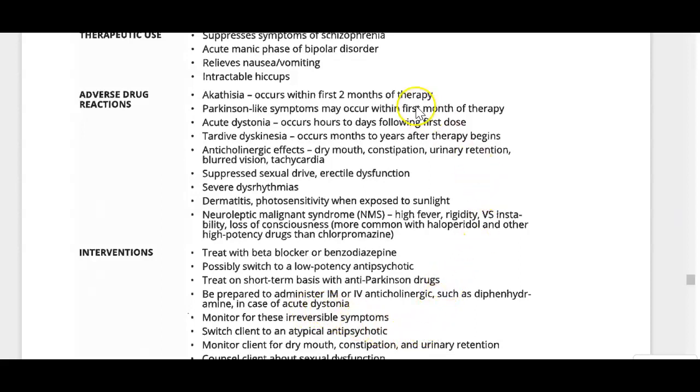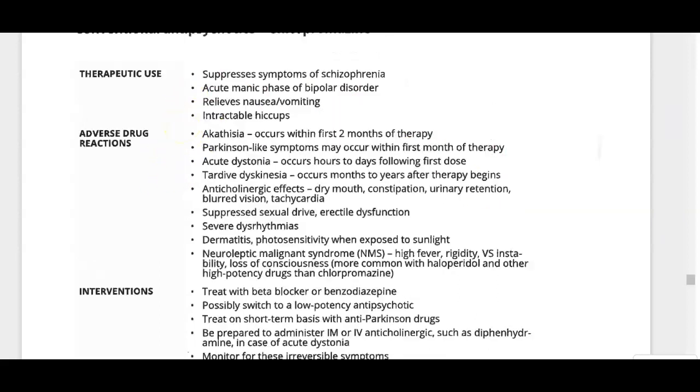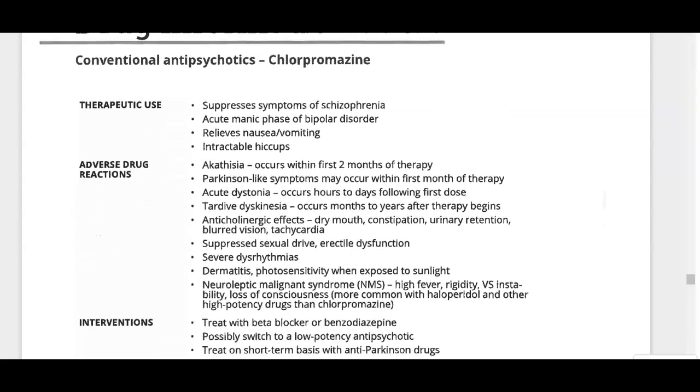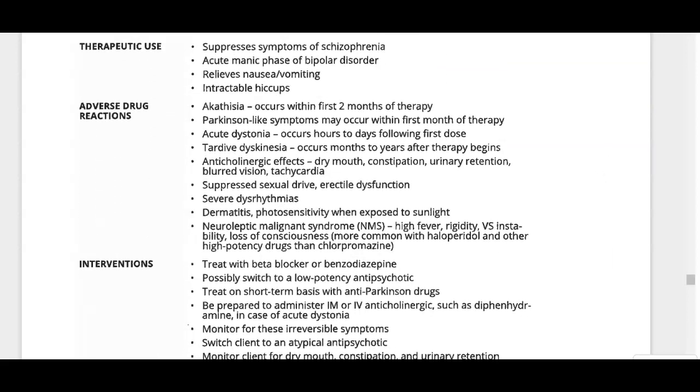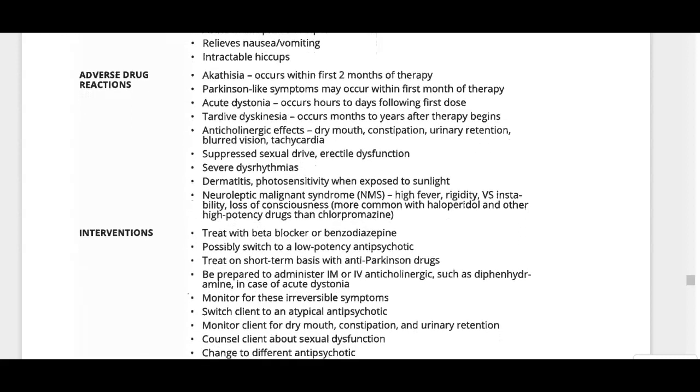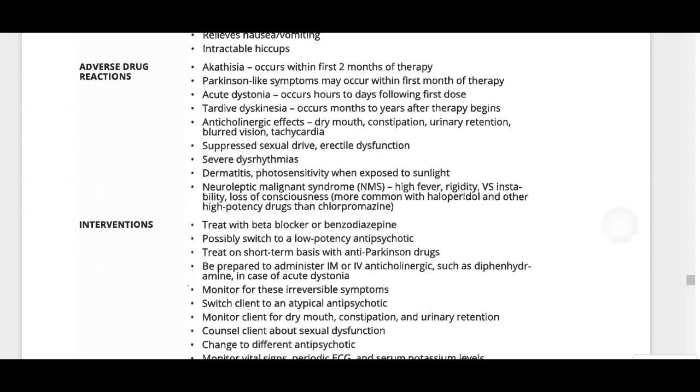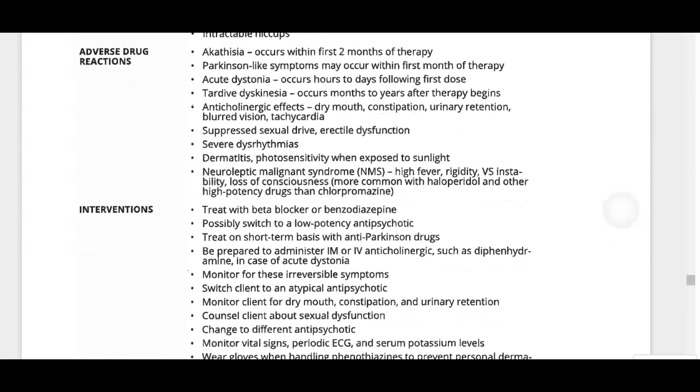If you don't learn anything else about antipsychotics, that needs to be the one thing that you really know about them. Again, you want to intervene before it completely changes the patient's life.